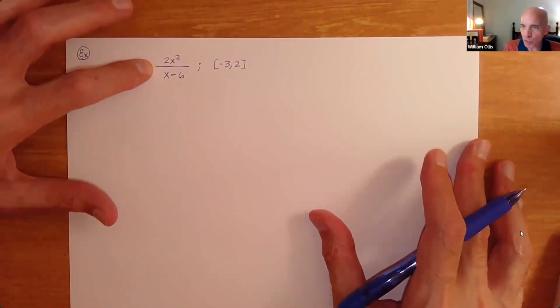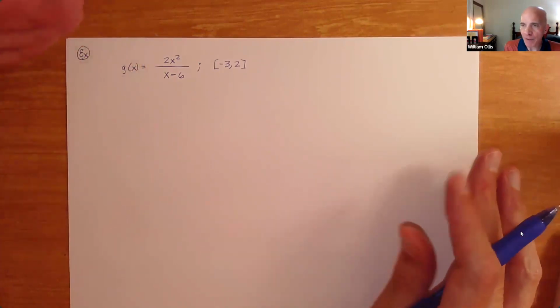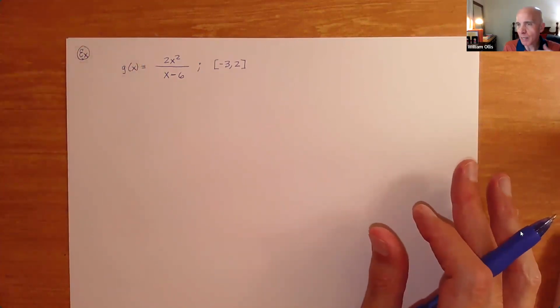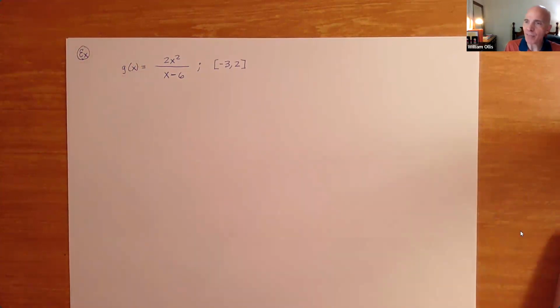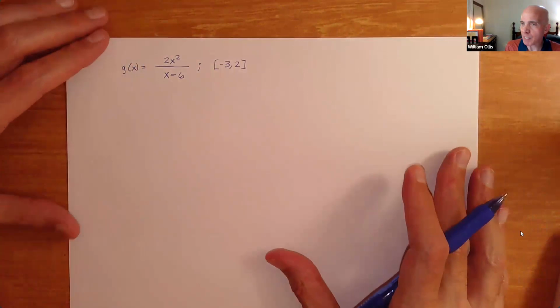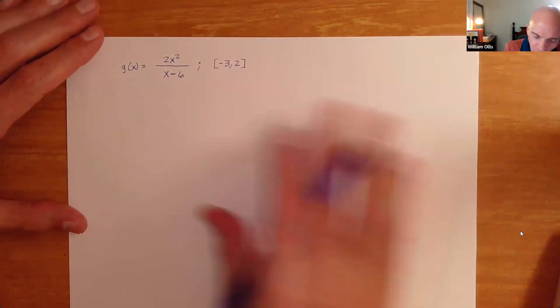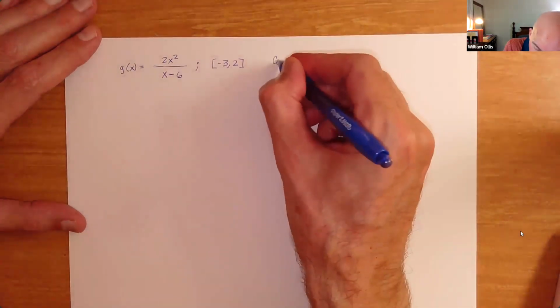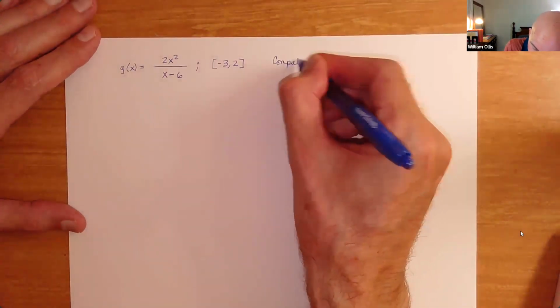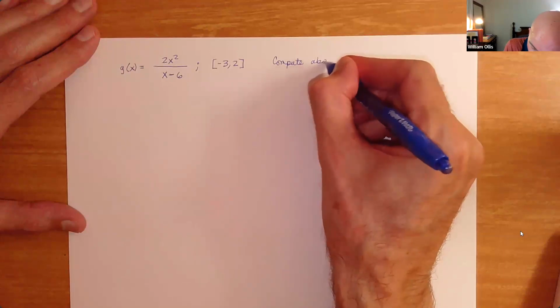I mean, we can have a rational function or just a quotient of algebraic expressions when we're talking about horizontal and vertical asymptotes. And then we see how that blends so beautifully with the arithmetic of the calculus. So there are all kinds of problems that we can do. Now, in this case, we want to compute, I'll just write this out, compute absolute extrema.